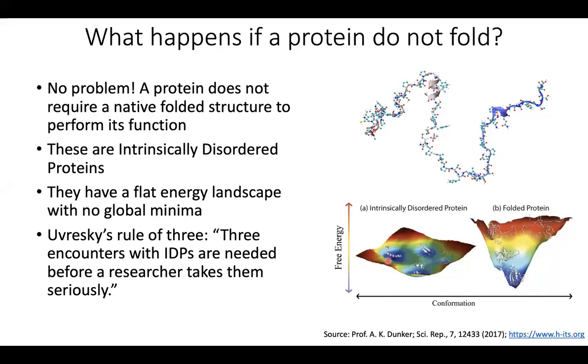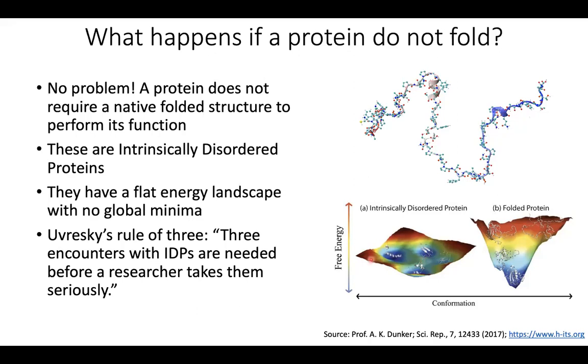For example, this structure is a random structure. I don't even remember what protein this is, but this is a particular conformation of a disordered protein, and it doesn't necessarily mean that this has to be the absolute minima. It can exist in some other conformation, which may again still be a minima.